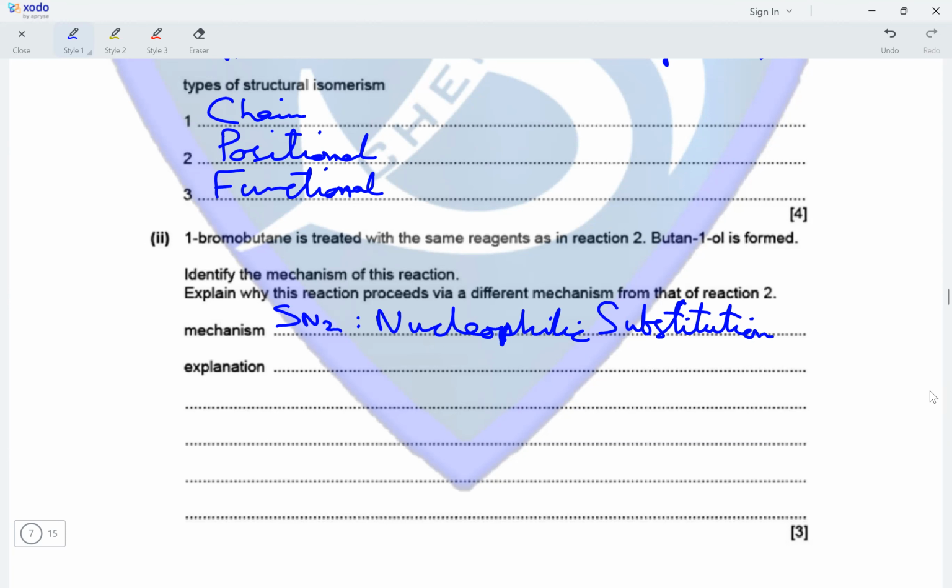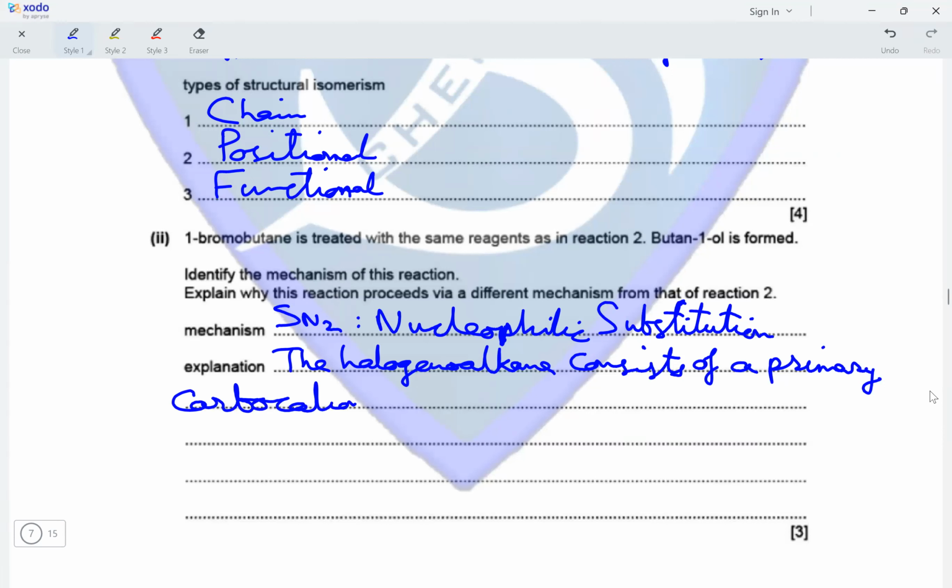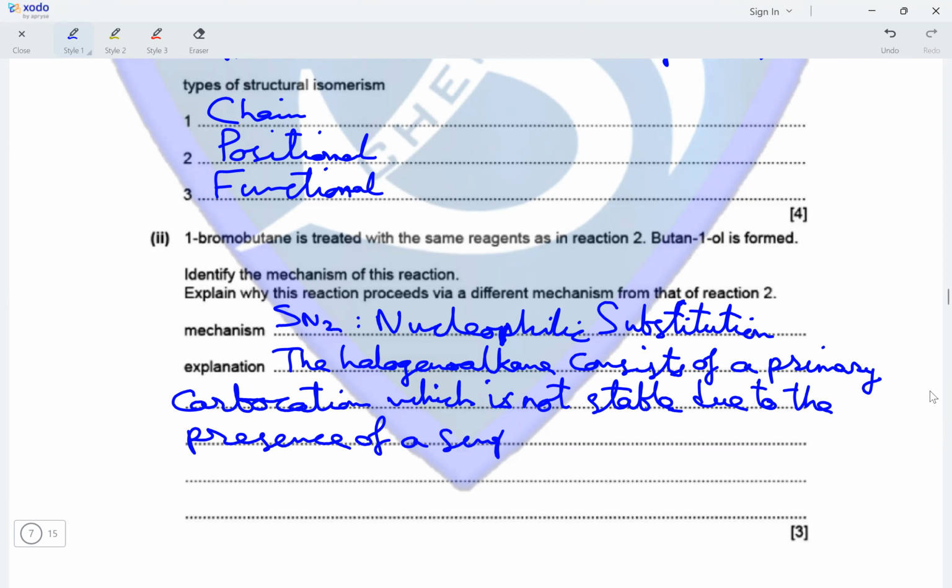So the explanation is the halogenoalkane consists of a primary carbocation which is not stable due to the presence of a single alkyl group.